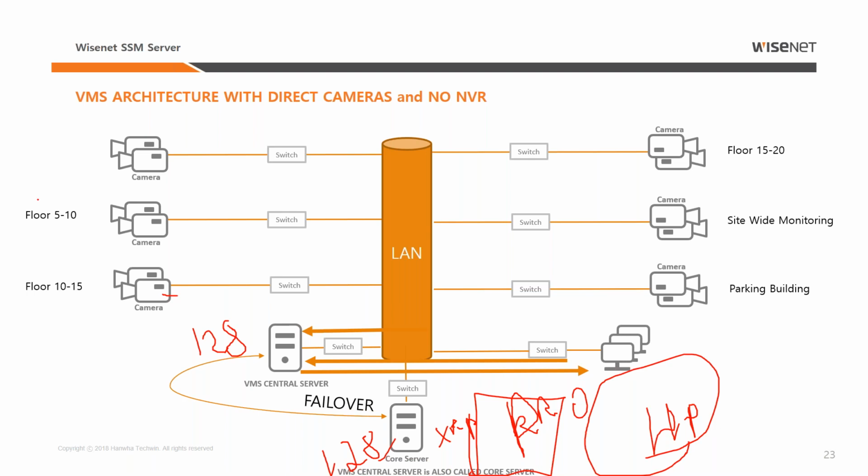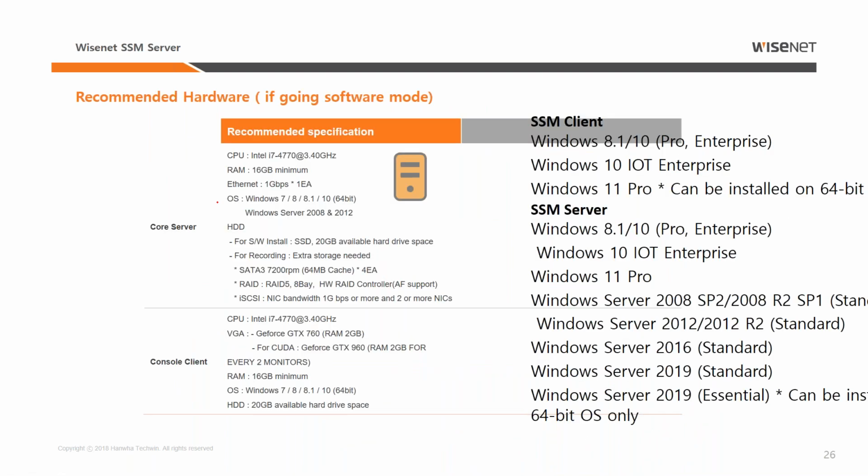Question: how can I select a third party server when recording on it? I mean bandwidth and storage. The simple way is, if you're buying a third party server, what we have tested is just copy the same spec of our server.